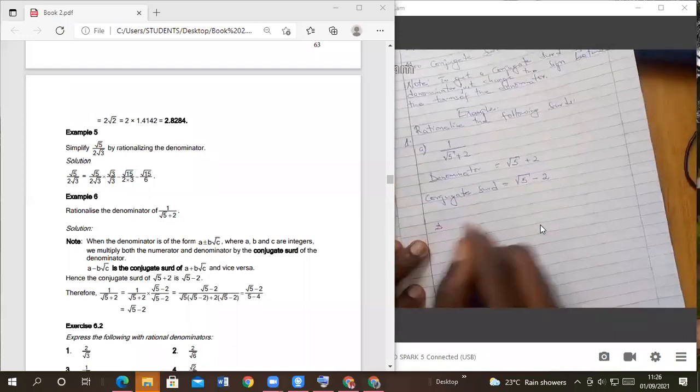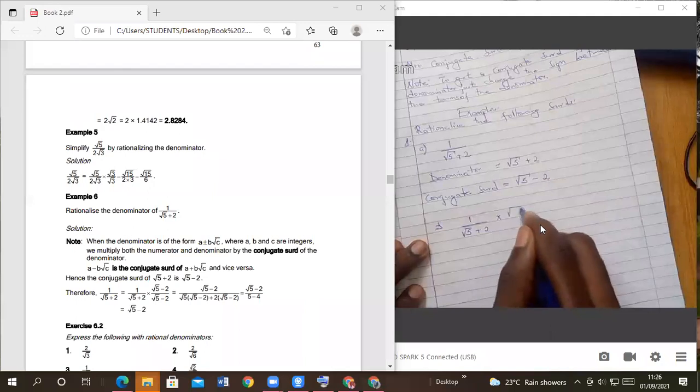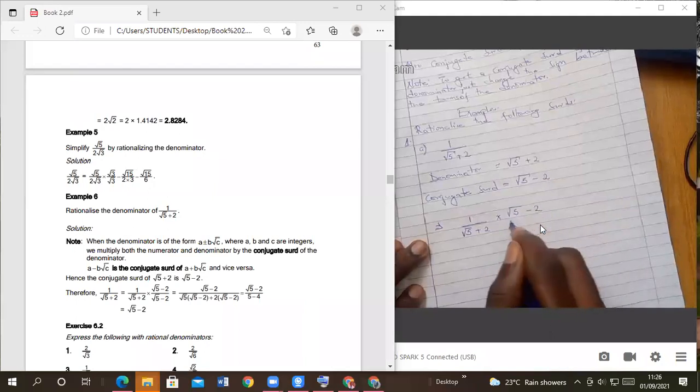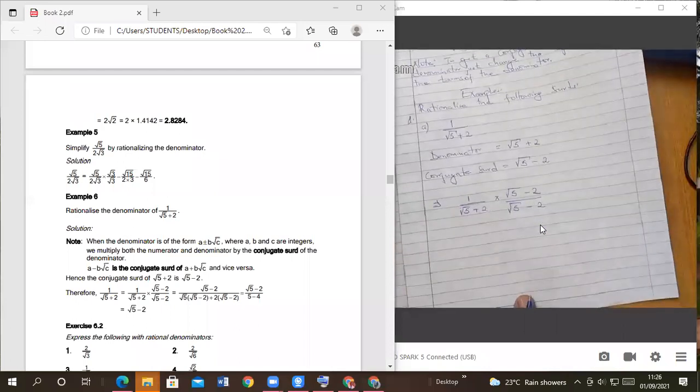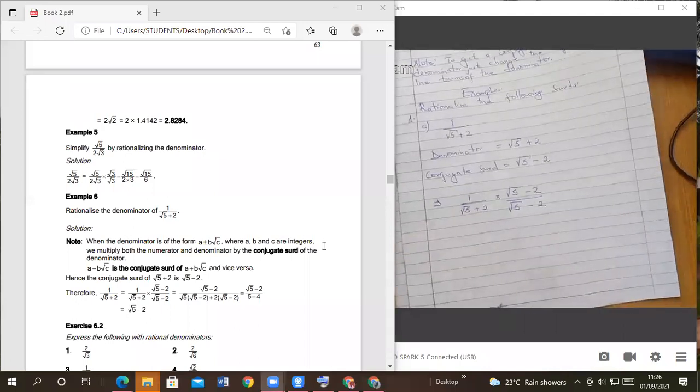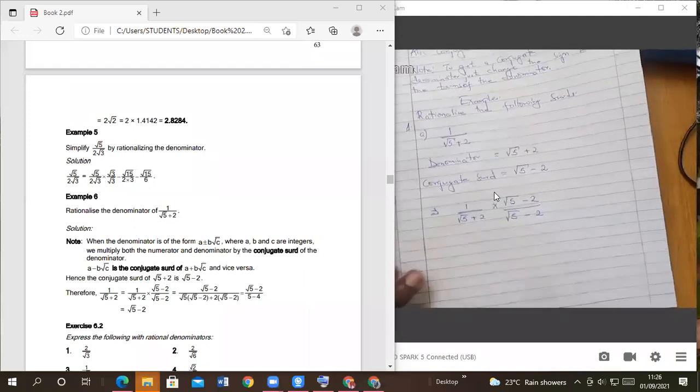So which means now we shall have 1 over root of 5 plus 2 times our conjugate side, which is root of 5 minus 2, divided by root of 5 minus 2. Are you together, members?